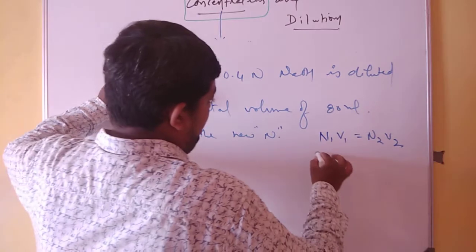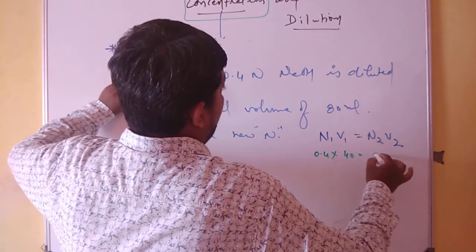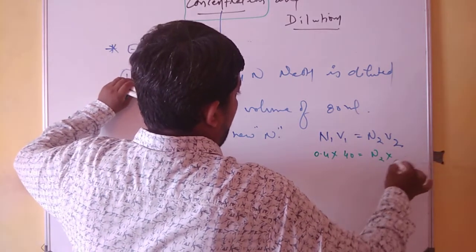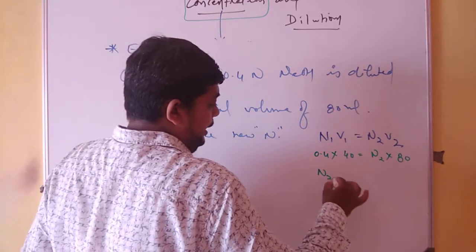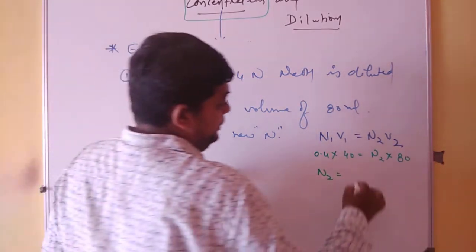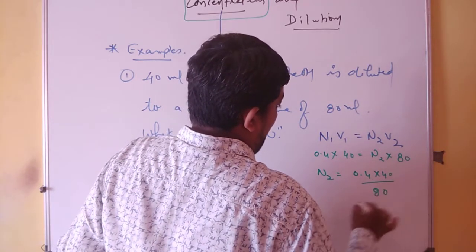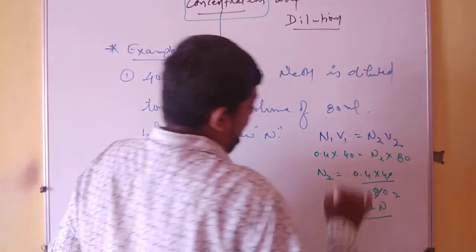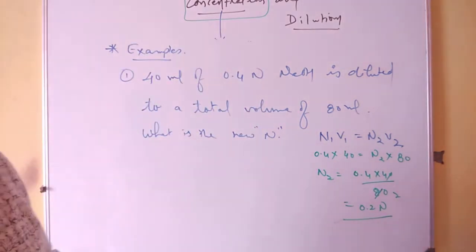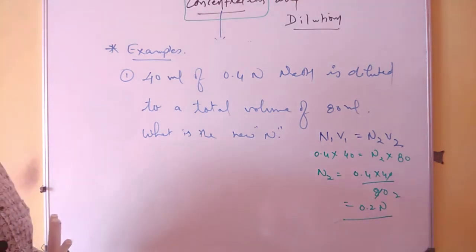For example, N1 is equal to 0.4, V1 is 40, N2 you are not given, and V2 is 80. So I'll make N2 the subject. It will be 0.4 cross 40 divided by 80, and solving it, the new normality of the solution would be 0.2 normal. This is how we keep on moving with small but important numericals.